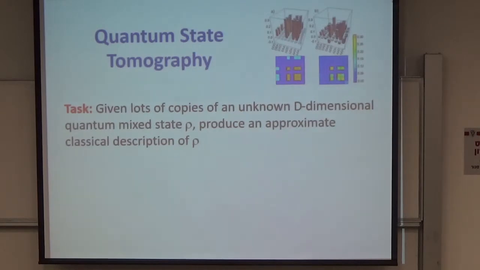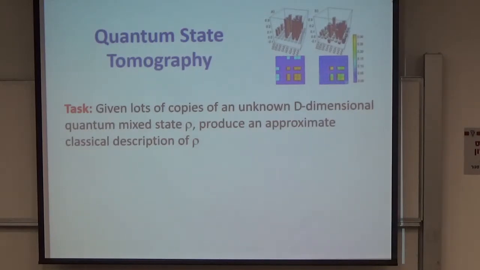Now let's discuss the problem of quantum state tomography. This is a central problem in experimental many-body physics, and it's the situation where you have a machine that can create a lot of copies of some unknown d-dimensional mixed state rho. Every time you run the machine, it creates another copy of rho.